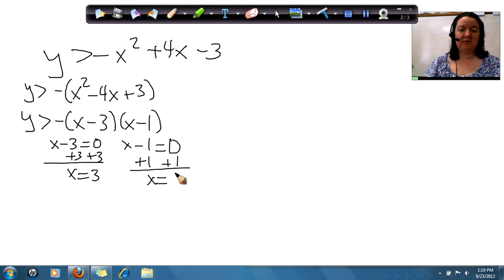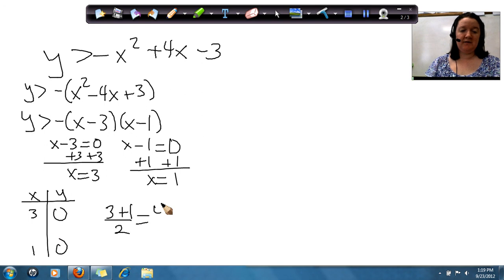That'll give me x equals 1. So in my table I know that I have two roots, one at 3, 0, and one at 1, 0. So let's find our vertex between it. Well, 3 plus 1 is going to give us 4 over 2, which is 2.